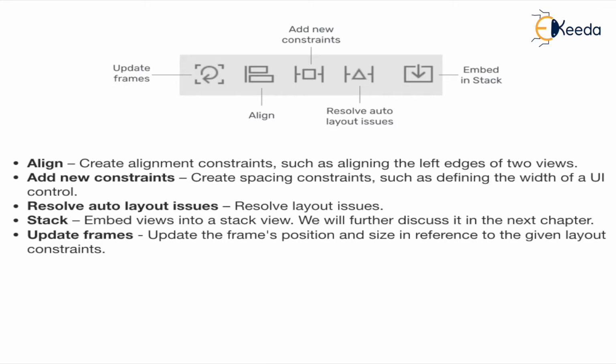First is the top constraint, second is the bottom constraint, third is leading space, and fourth is trailing space. According to your requirements, your screen is designed with different constraints using these options.